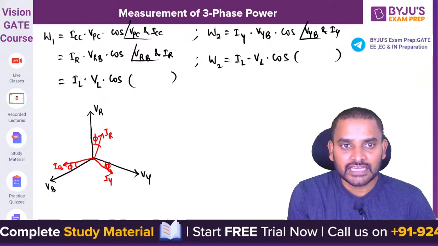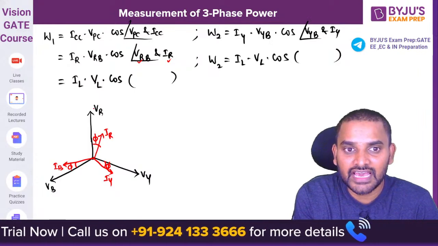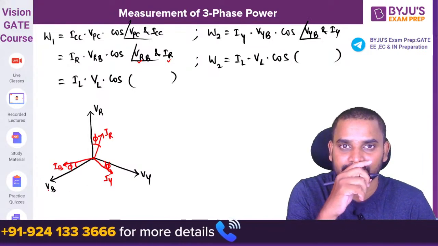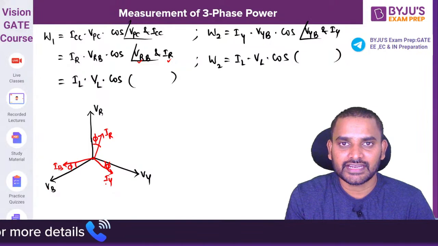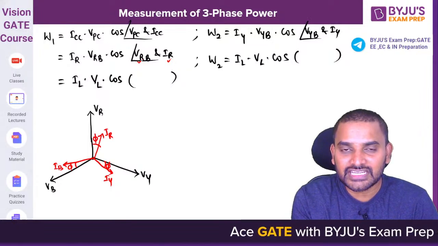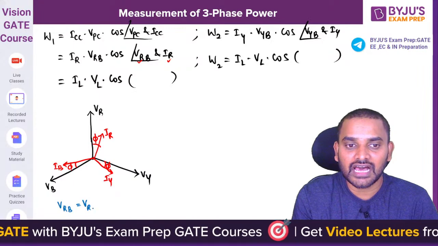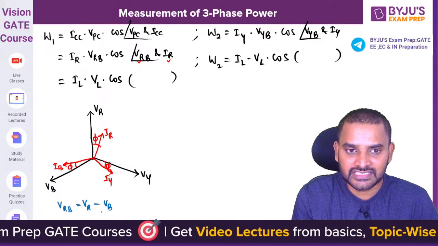Now what we want is the angle between VRB and IR. IR is here, VR is here, and VB is here. So let us take VRB. How do you take VRB? VRB is nothing but the voltage at R minus the voltage at B, the difference of these two.